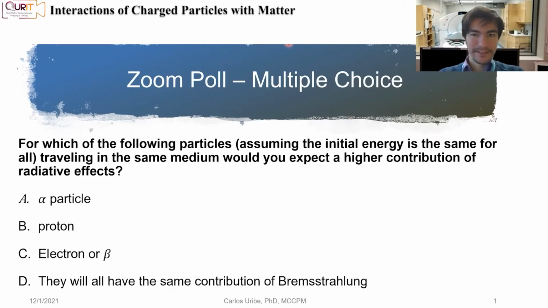Okay, let's think about this. I have another question here. For which of the following particles, let's assume the initial energy is the same for all and they're traveling in the same medium, would you expect a higher contribution of radiative effects? You have all these cases, all these particles.